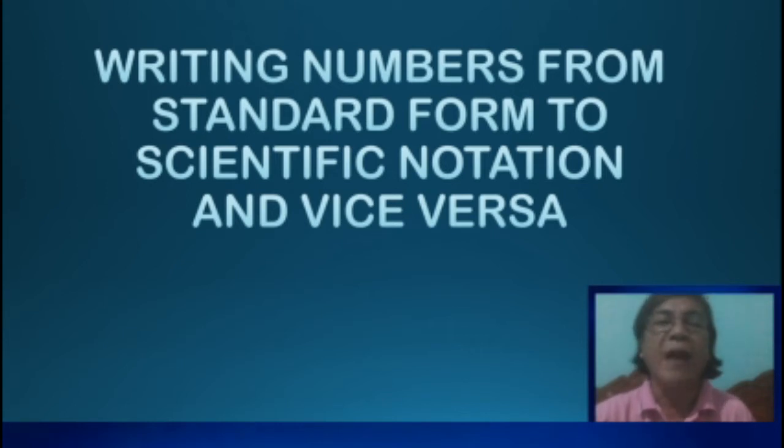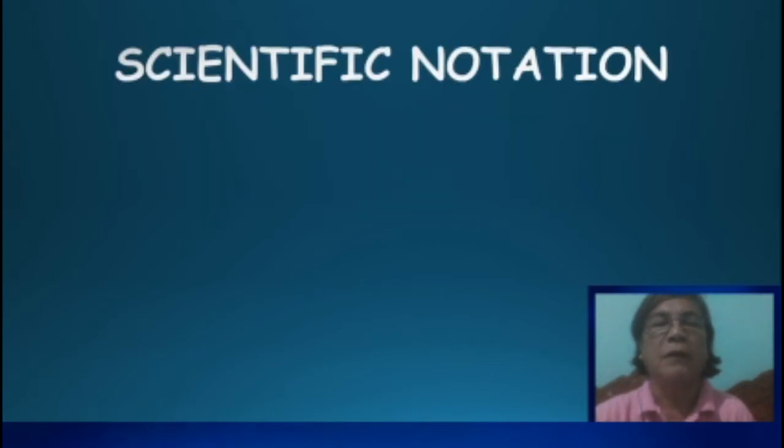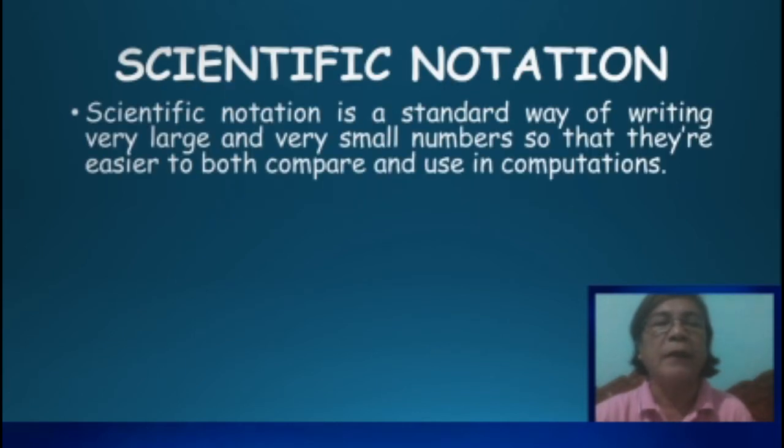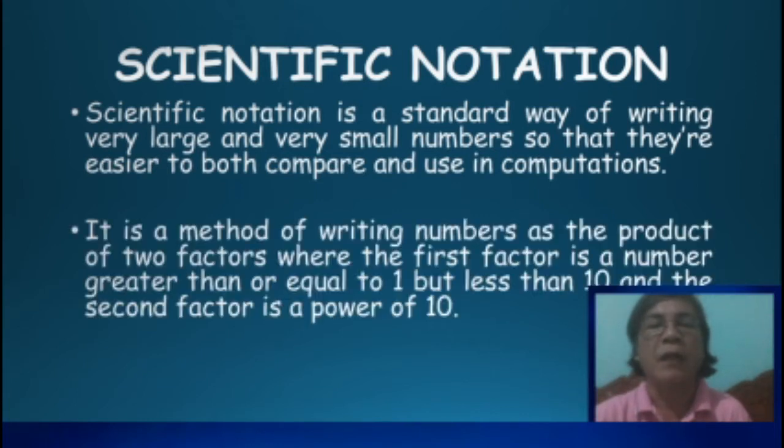Let's define first what scientific notation is. Scientific notation is a standard way of writing very large or very small numbers so that they are easier to both compare and use in computation.